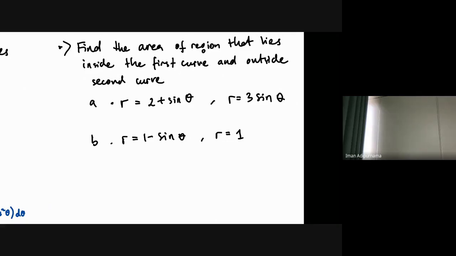Number one, I think this part should intersect the circle. As you know, you can actually see 2 plus sine finds its maximum at pi over 2, right? It's 3, right? That's how you draw it clearly.